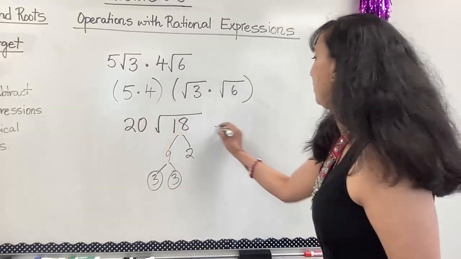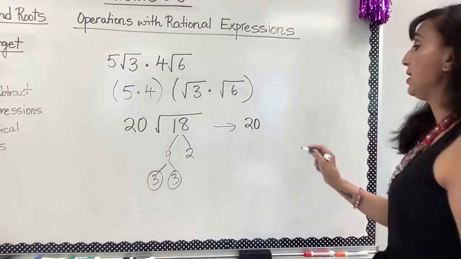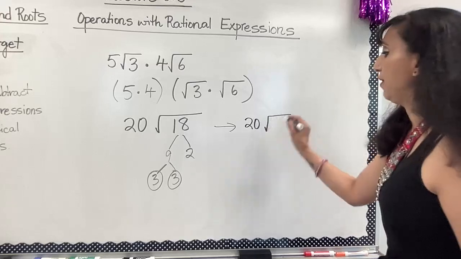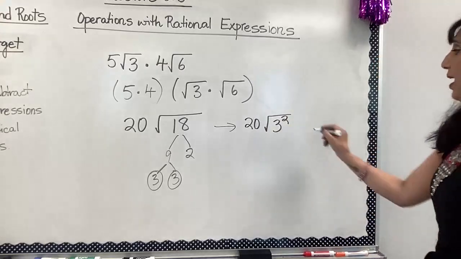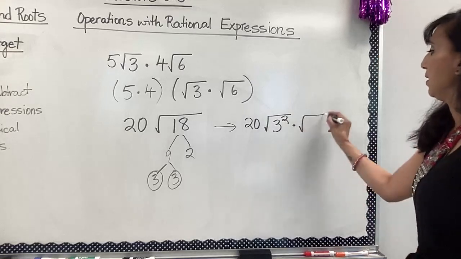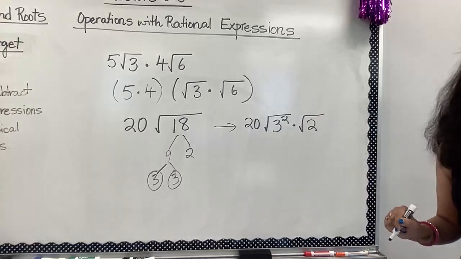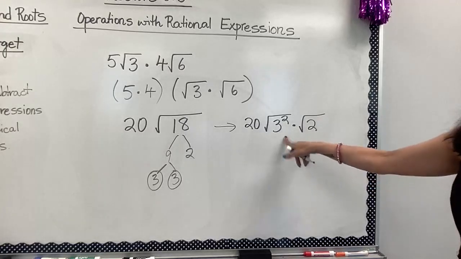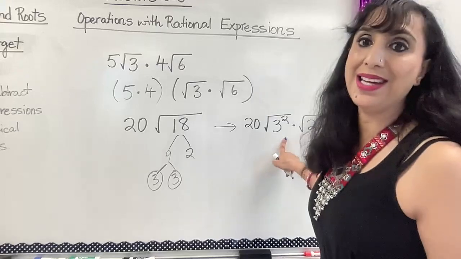Because what does this mean? This means 20 times the square root of 3 squared, times root 2. And so when I do the square root of 3 squared, which is 9, what is the square root of 9? I get 3.